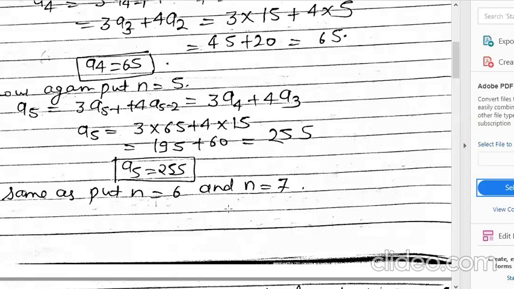Same way, put n equal to 6 to get 3a5 plus 4a4, write the values, and put n equal to 7 to get your last fifth term. So that was a 2 marks question. Guys, just prepare this question. I will share 2 or 3 more questions of this type in our next videos.